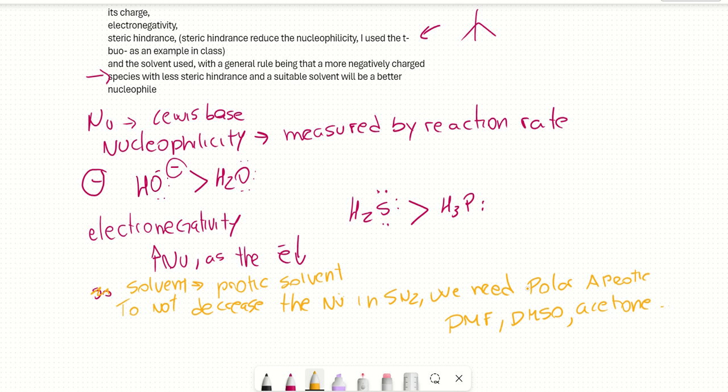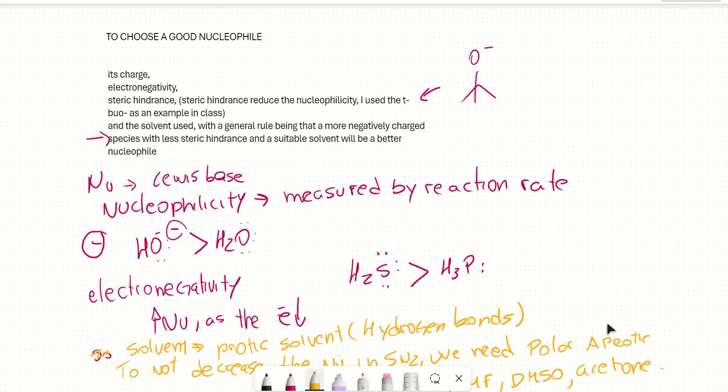Because the aprotic solvent cannot make hydrogen bonds, while a protic solvent will make hydrogen bonds with the nucleophile, and that will decrease nucleophilicity over here, okay? The other thing that I said was the steric hindrance.